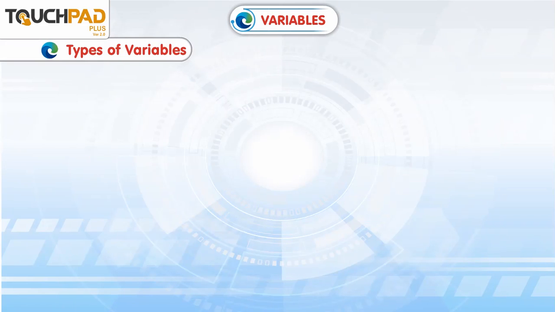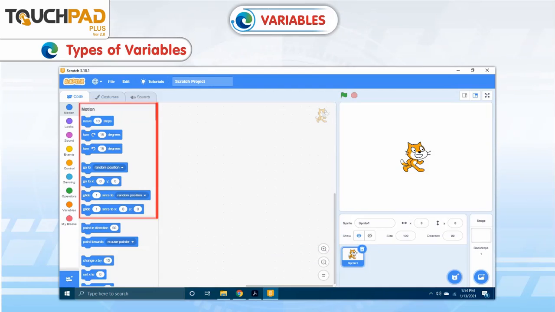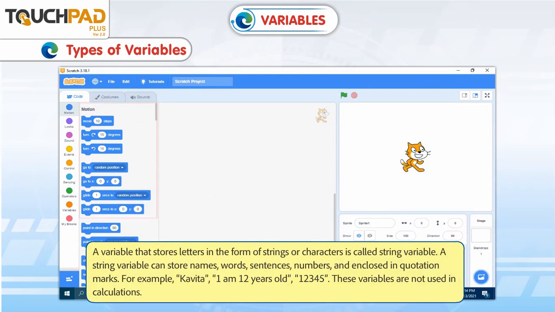Types of variables. Variables can store numbers as well as letters. A variable that stores numbers is called a numeric variable. These numbers are used in calculations. Examples are 48, minus 986, 12345, etc. A variable that stores letters in the form of strings or characters is called a string variable.